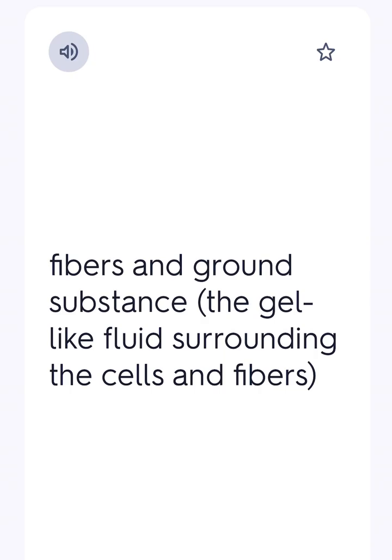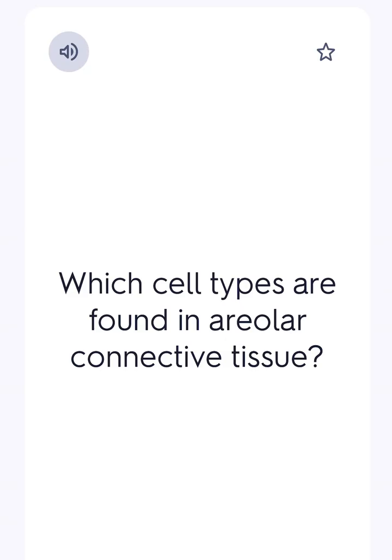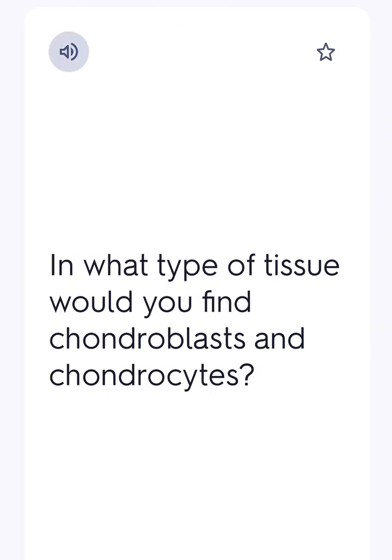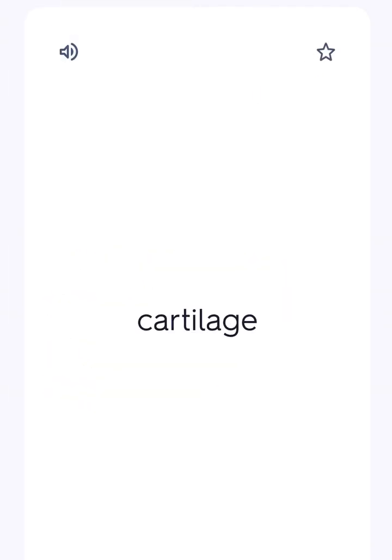Fibers and ground substance. Which cell types are found in areolar connective tissue? Fibroblasts, macrophages, white blood cells, mast cells. In what type of tissue would you find chondroblasts and chondrocytes? Cartilage.